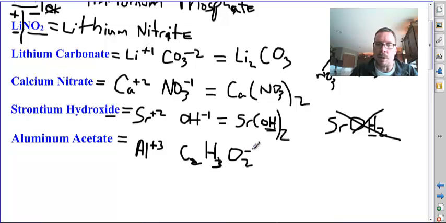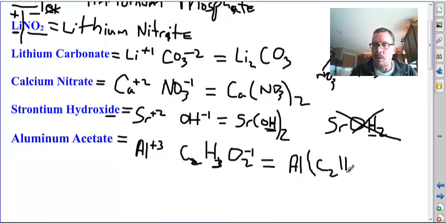It's got a -1 charge. So, again, it's a moment when I need parentheses to note that I'm going to have 3 of these acetate compounds to correctly write the formula. Okay?